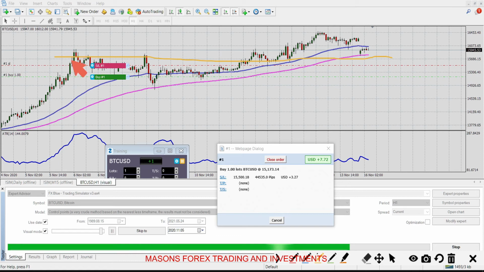So R resistance. So this whole area around here, we can say it's a type of resistance. And then what we've mentioned, resistance becomes or can become support in the future. So we can expect something like this to happen. Let's see if it happens.